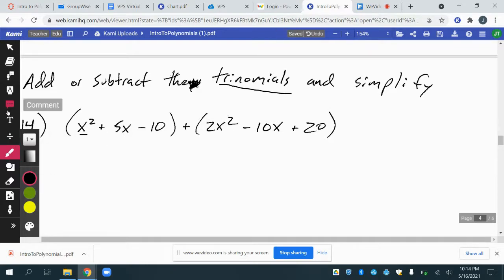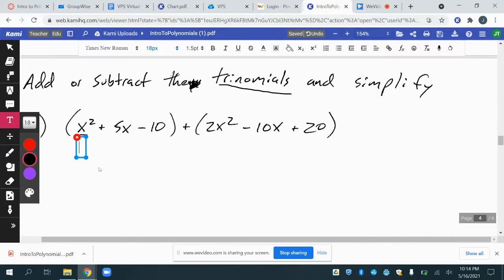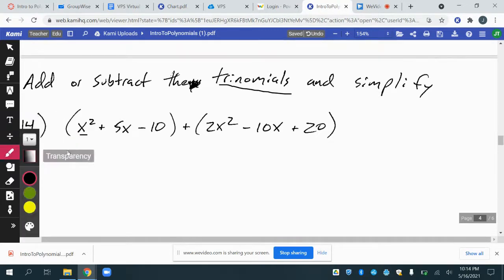I can just say, well, I'm not going to type this because I don't really like typing squares. x squared plus 5x minus 10 plus 2x squared minus 10x plus 20. Okay, so what am I going to do here?